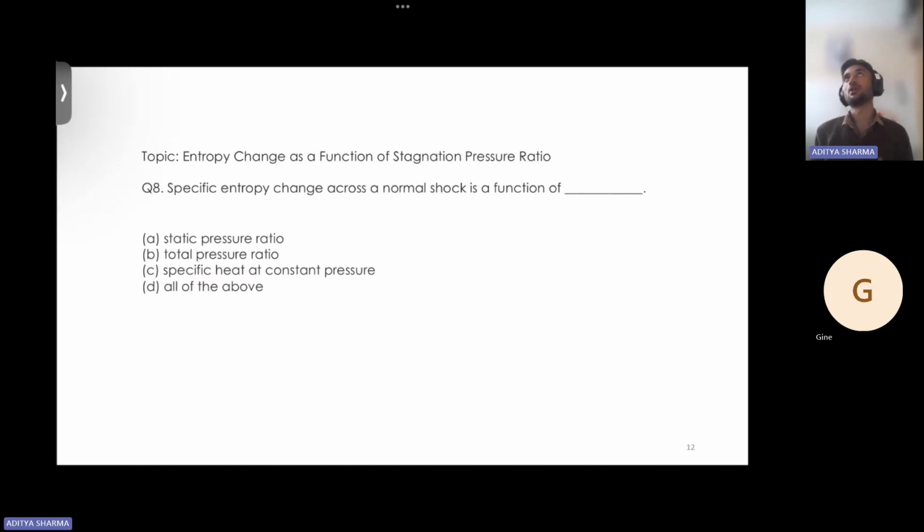So check this question now. Yes, Harshit has given the answer.